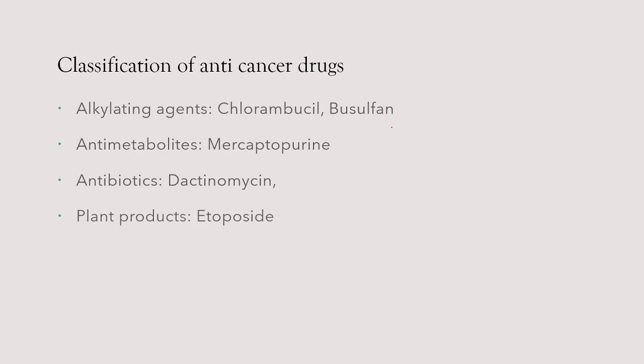This term plant products is, we can say, an umbrella term. That means a lot of molecules which we have found in nature through plants are in plant products. However, you need to remember that all these plant products have different mechanisms of action, which we will discuss in our upcoming classes.